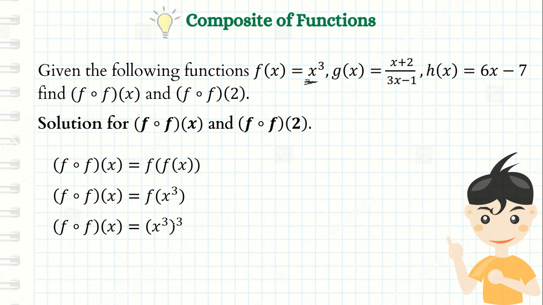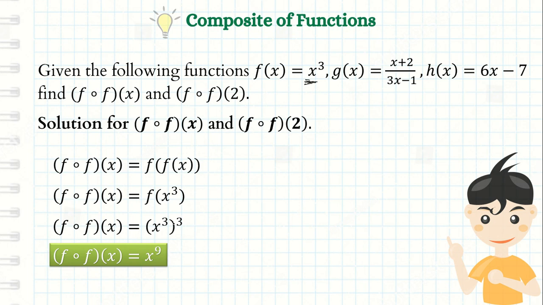Then after we replace the domain of the first function, we distribute the exponent inside the parentheses. How? We just multiply the two exponents, the 3 and the other 3. So 3 multiplied by 3, we will have x raised to 9. So that is our answer for f of f of x.